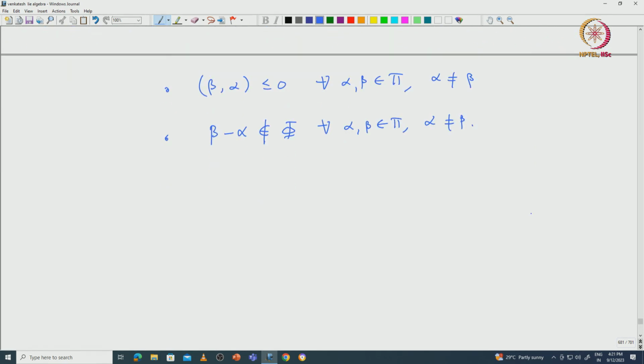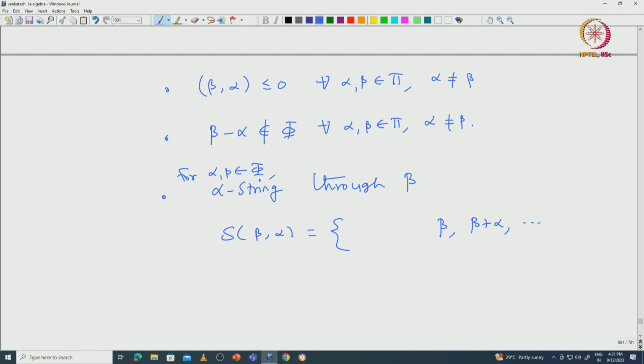We also observed something about the alpha string through beta. For alpha, beta any roots, the alpha string through beta is defined to be S of beta comma alpha. You start with beta and see how much you can add a multiple of alpha, and how much you can subtract a multiple of alpha, say up to beta minus r alpha and beta plus q alpha.